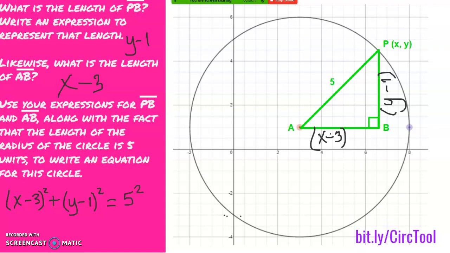The radius is the hypotenuse. Or, in final form, we could make it x minus 3 squared plus y minus 1 squared equals 25, not 25 squared, equals 25, because 5 squared is 25.